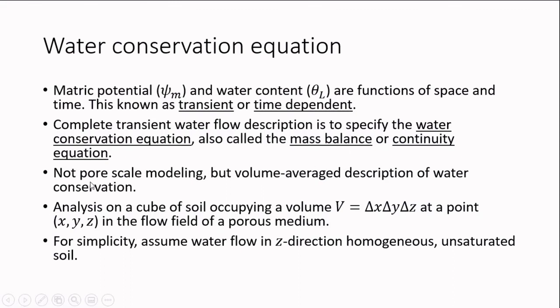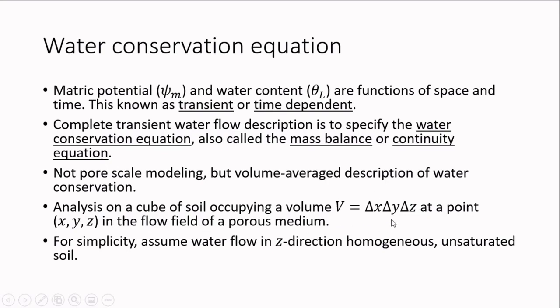It is not pore scale modeling, but volume average descriptions of water conservation. So the analysis is on a cube of soil occupying a volume V, equal to a small length in x, a small length in y, and a small length in z, at a point x, y, z in the flow field of a porous medium.